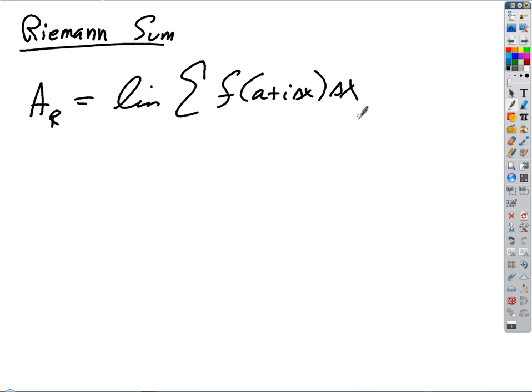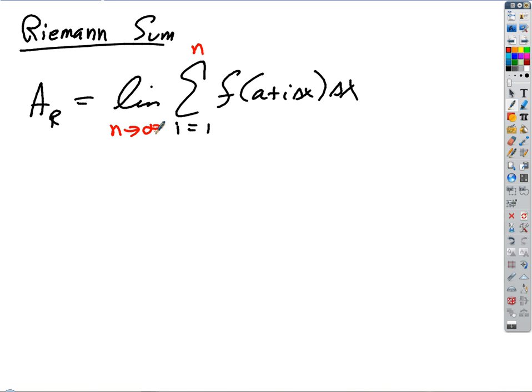Everybody agree with that? All that is just the height of the rectangle at x sub i times the width of the rectangle, as i goes from 1 to n, as n approaches infinity. Okay? And that's going to give us an exact answer.